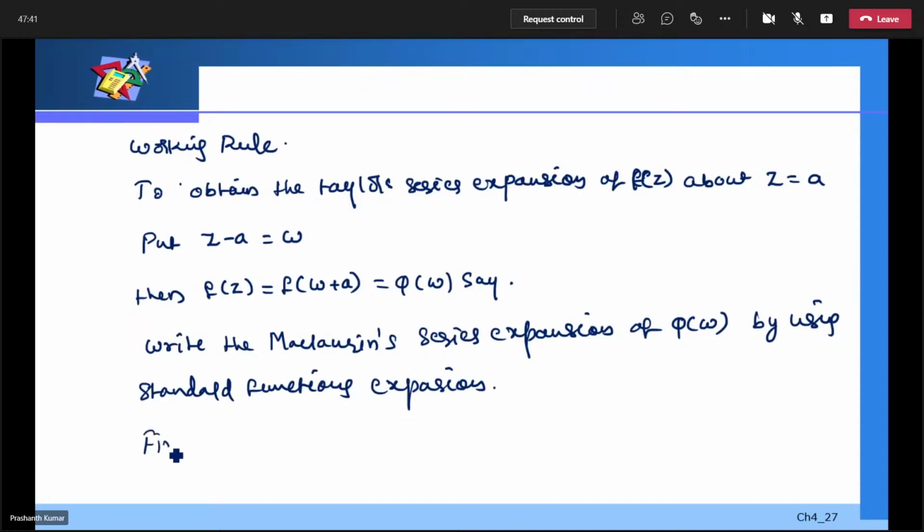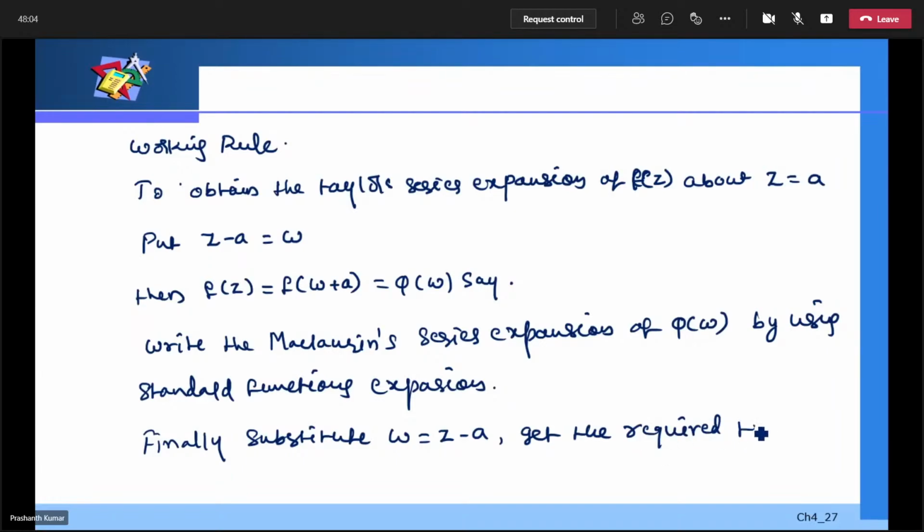Finally, substitute w is equal to z minus a to get the required Taylor's series.